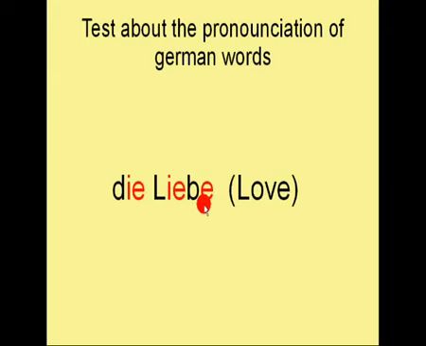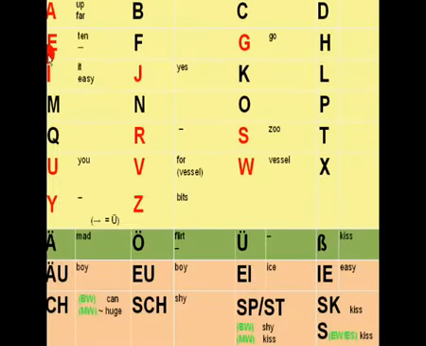And let's see if you remember how we pronounce it, because we Germans always pronounce it the same way. We pronounce the E like an E, either in the short version like in ten or in the long version. And if you remember from my other videos, I made a line here because I guess there's no English equivalent for the long German E. But anyway, let's put these two words and pronunciations together.